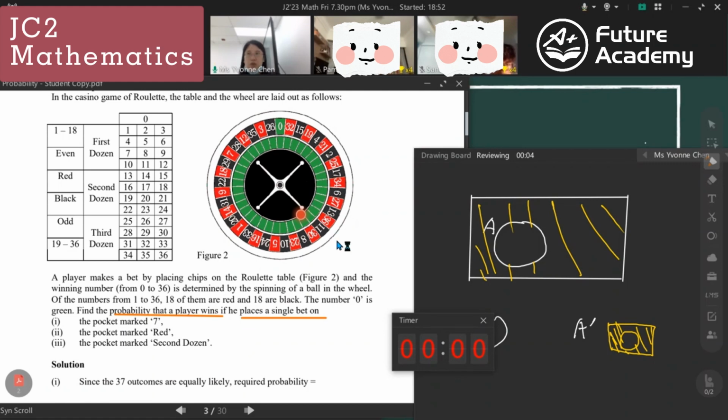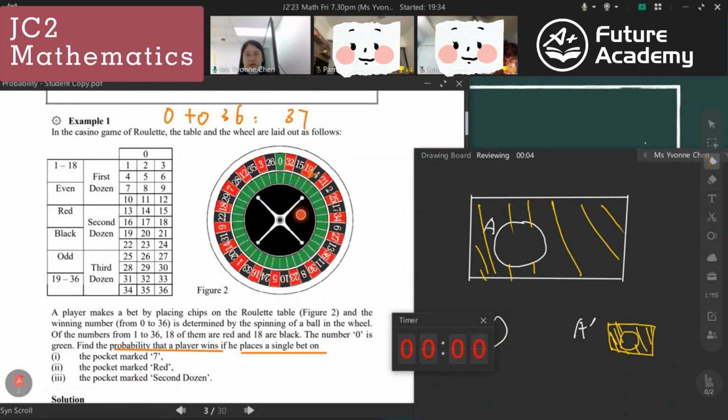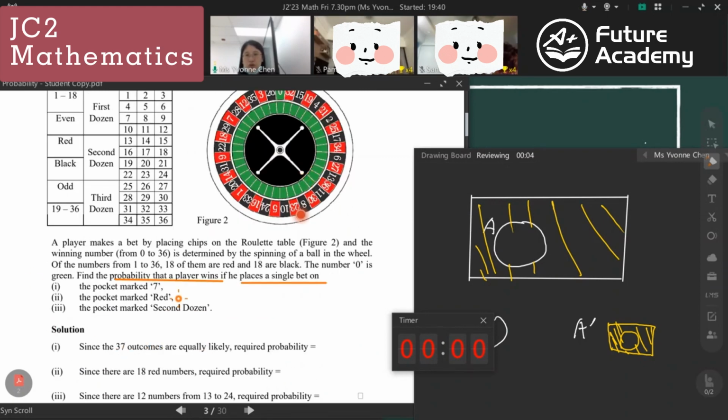What do you think? We can see altogether 37 possibilities, from 0 to 36, 37, right? To get the number 7, which is only one out of the 37, the probability is 1 out of 37.